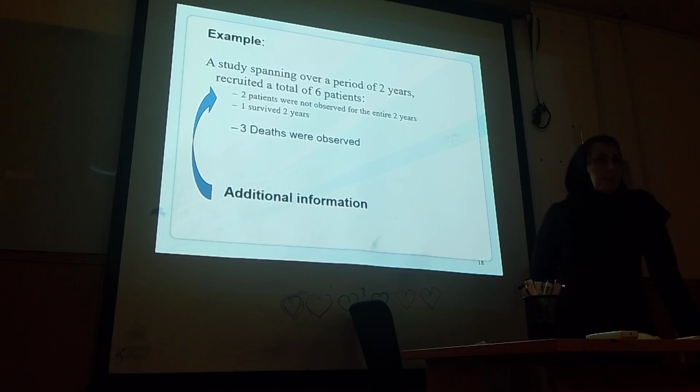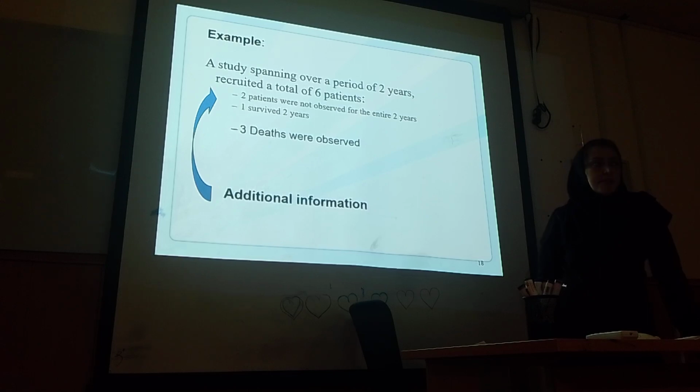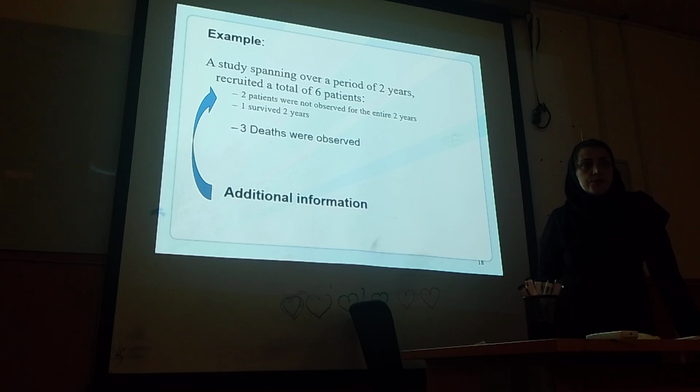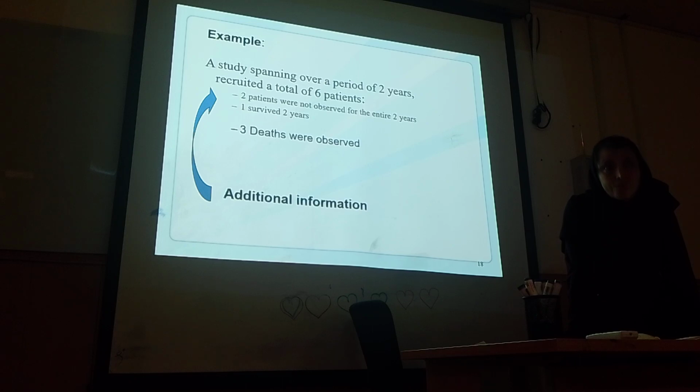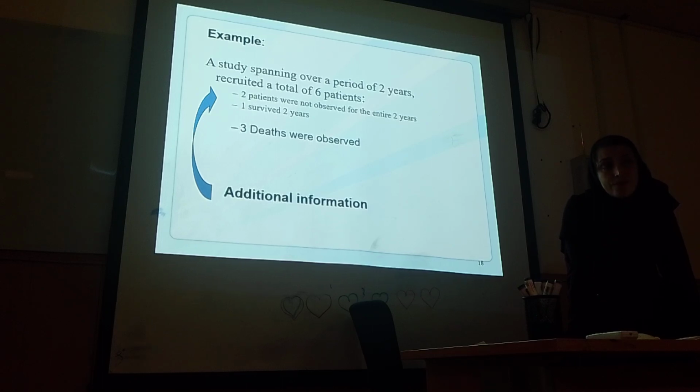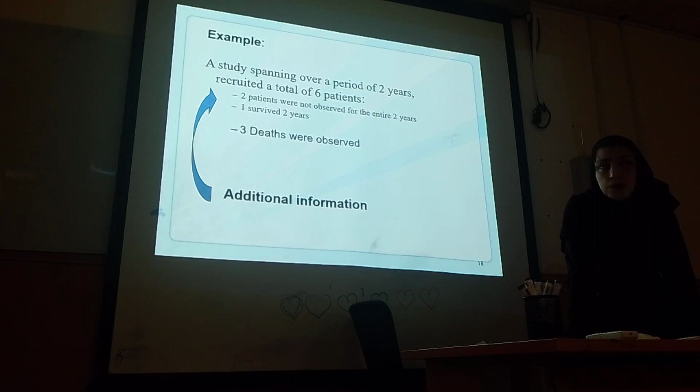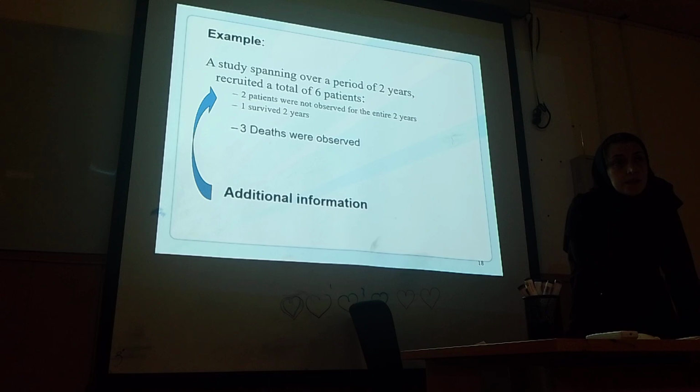What is the survival in this scenario? 25%. How can you calculate it? Because then we only have 4 patients for the judgment, so we can just do 3 divided by 4. Why 4? We have 6. Because 2 are not there.